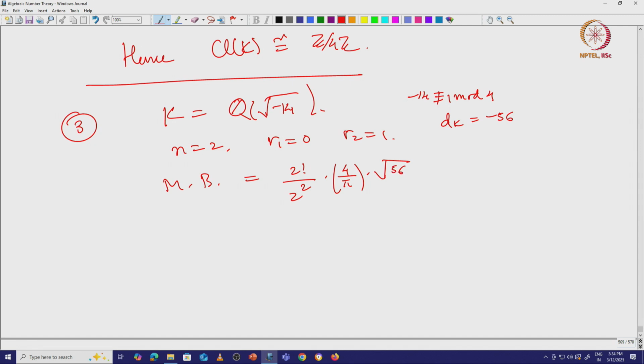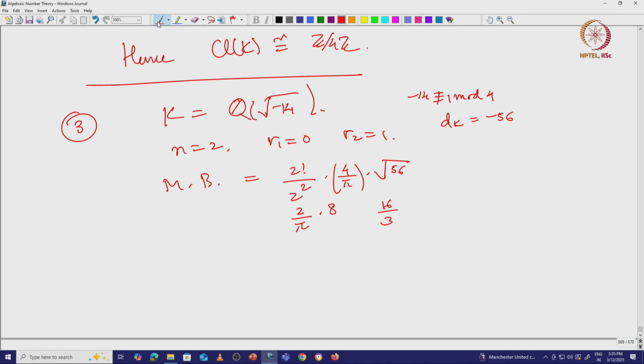So this should be 56, and the square root of 56 is certainly less than 8. So I can then do this as 2 by pi times 8, so maybe less than 16 by 3.